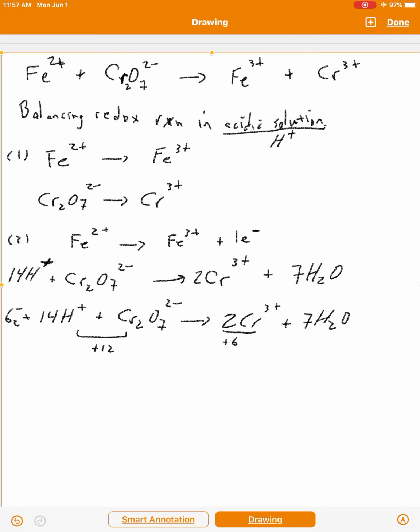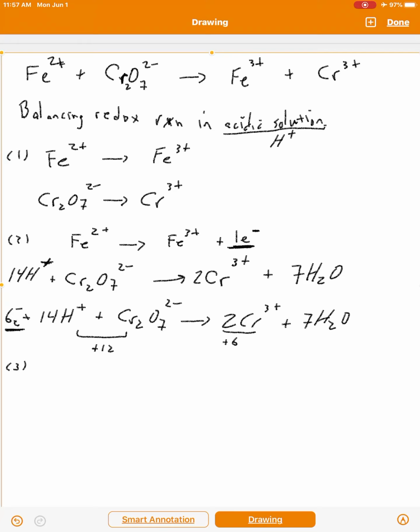So we've now balanced the electrons. So what do we do next? Next, step 3, is we count the number of electrons in each of the half-balanced equations, the half reactions. And we equalize them by multiplying through the equations so the electrons are equal in each half reaction. So we have 1 electron in the first half reaction, but 6 in the second.